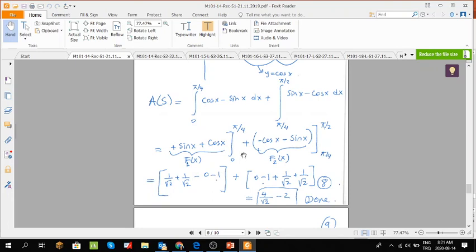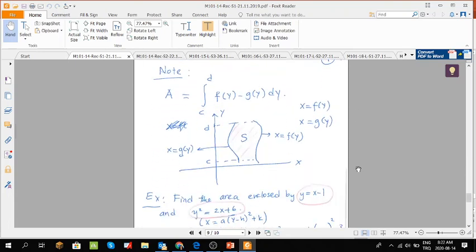The antiderivative of cosine is sine. Sorry, the antiderivative of sine is negative cosine, I meant. Okay, now it makes sense. Then you just plug in the limits, take these integrals separately, and the result is 4 over square root of 2 minus 2.